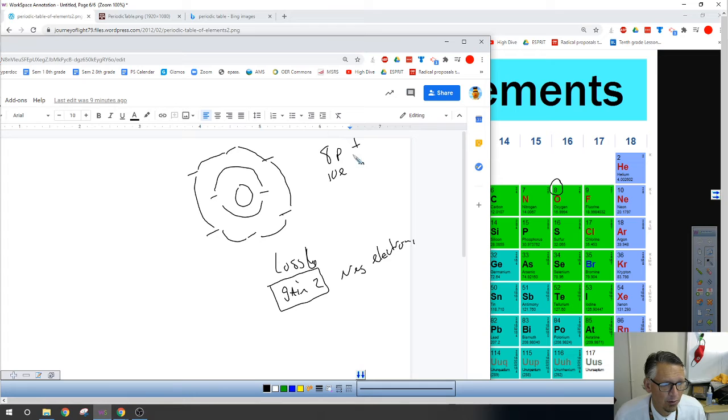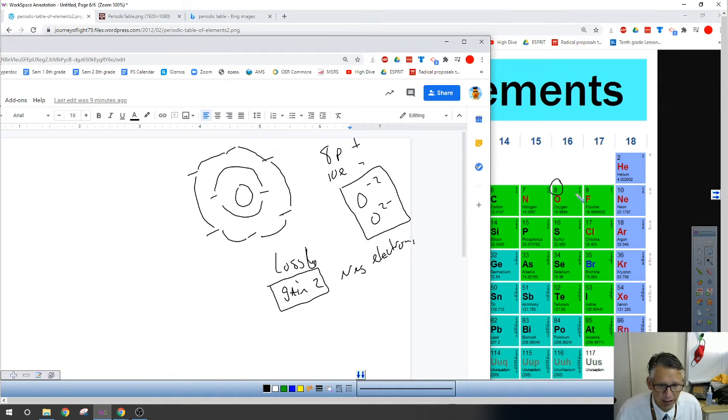So 8 positives and 10 negatives means oxygen is going to end up being a negative 2 ion, or 2 negative. You may run into a teacher or a professor at some point in your life who is going to be picky about this. That's not me.